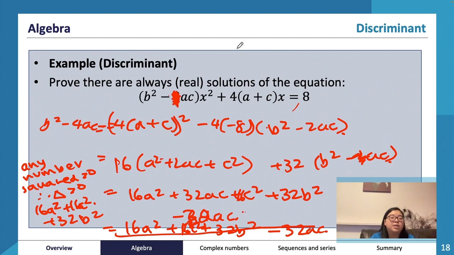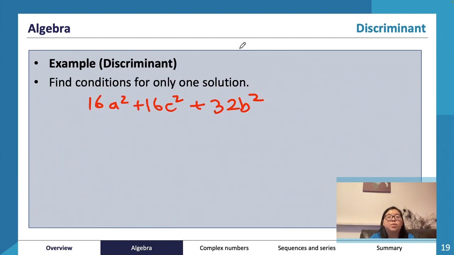If we just need overall one solution, then we would need a to equal 0, b to equal 0, and c to equal 0, right? Because that's really the only possibility for us to get one solution for this. Otherwise we'll always have more than one solution, because nothing squared should be equal to that.